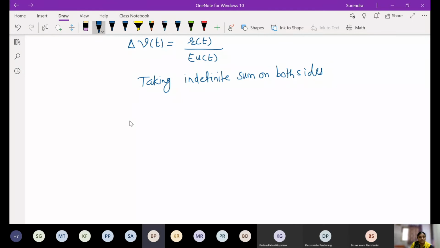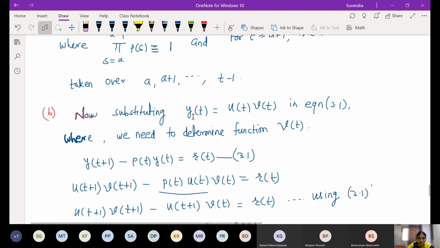Summation and delta will get cancelled, giving v of t on the left, and on the right the indefinite sum of r of t divided by e u of t plus c of t. But since my domain takes discrete values a plus 1, a plus 2, it will be just a constant c. Is that okay? So that is my v of t.